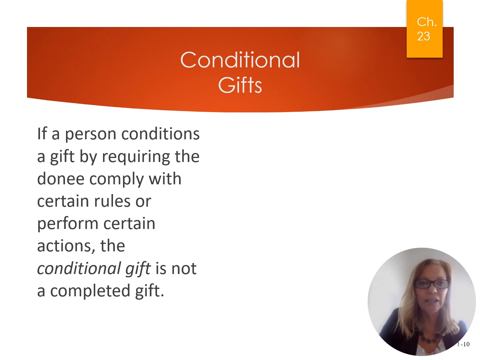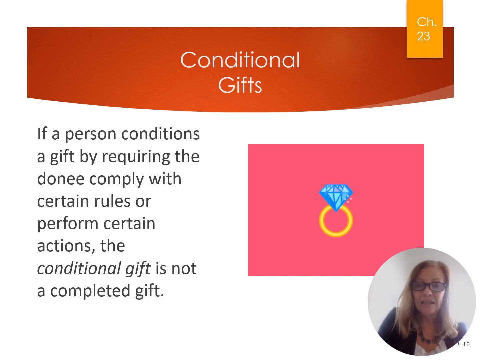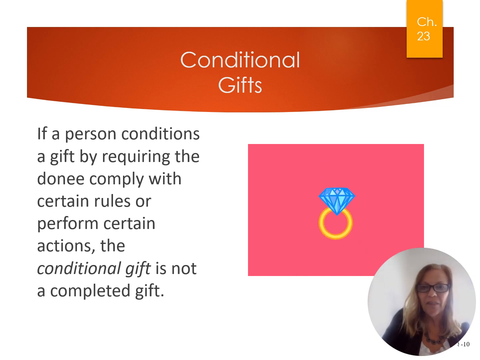It's a conditional gift, and if a person conditions a gift by requiring the donee to comply with certain rules, it's not a completed gift. Now, Kansas follows the engagement ring rule. However, Kansas does not acknowledge conditional gifts in other areas. So it's one area where they have made an exception. You have to give it back if you don't get married.